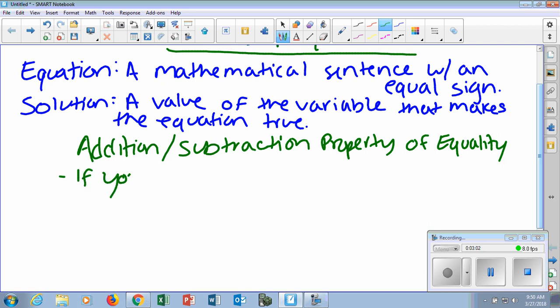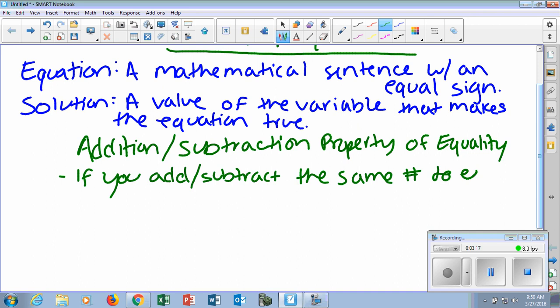if you add, if you're doing addition, or sometimes subtracting. So if you add or subtract the same number to each side of the equation, the two sides remain equal.